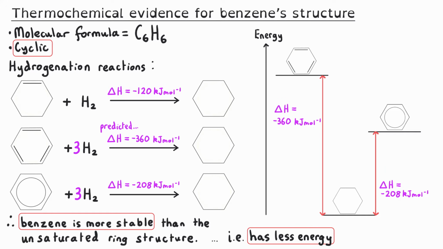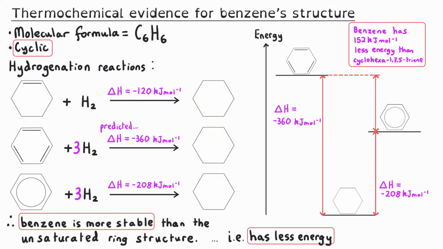And so that means if this reaction was less exothermic, benzene must have had less energy in the first place, because both of these reactions produce cyclohexane as the product, so the energy of the product is the same in both cases.